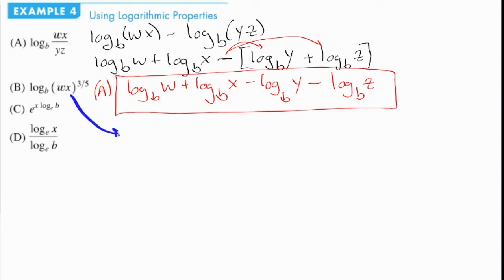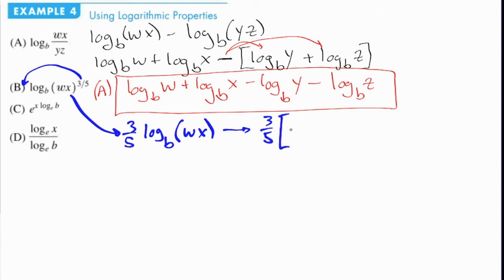If we do this for part B, I'm going to use the power property first to rewrite this as 3/5 log base b of wx, and then this becomes 3/5 log base b of w plus log base b of x. And then if you wanted to go one more step, you can distribute this 3/5 in front of each of those.